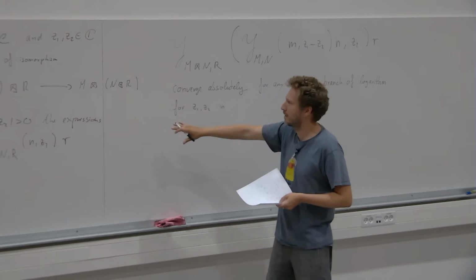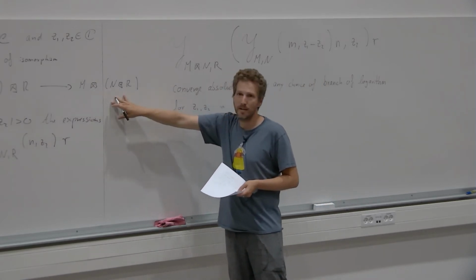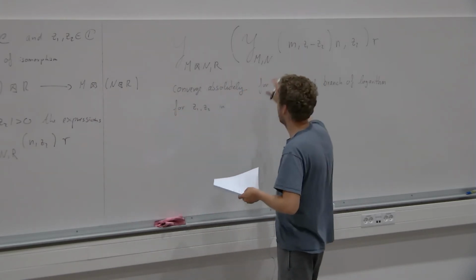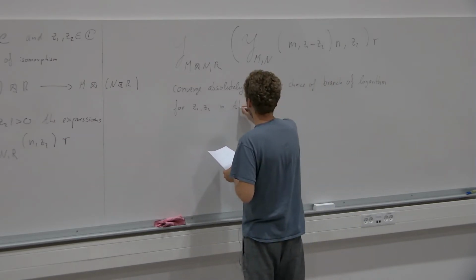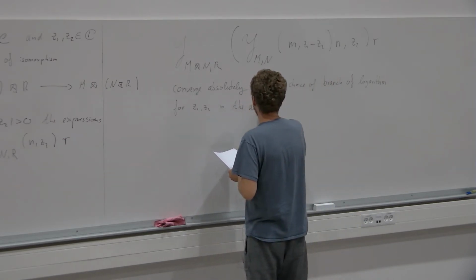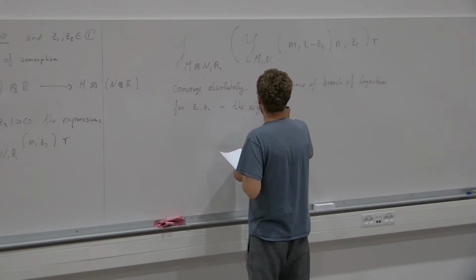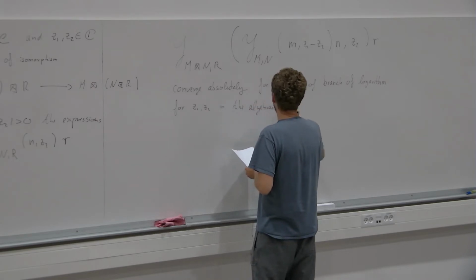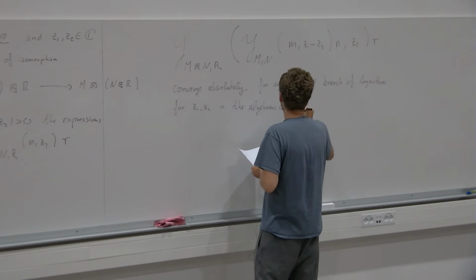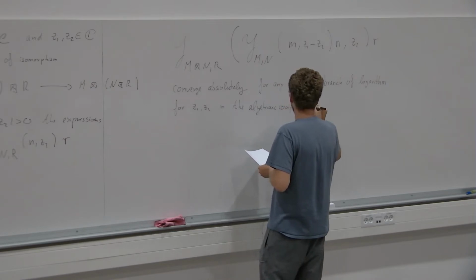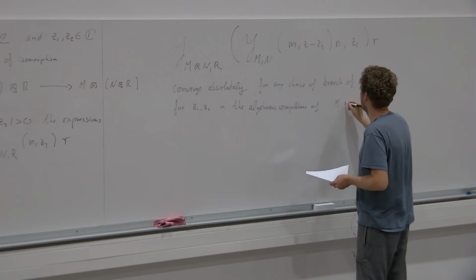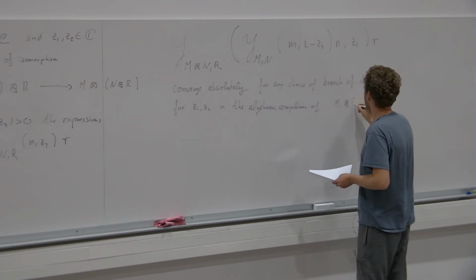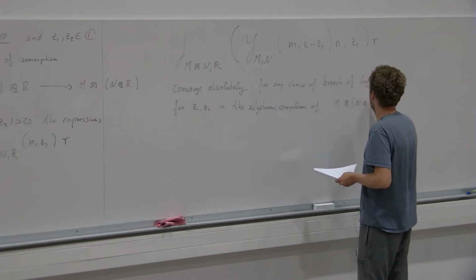These are not in these vector spaces, but in their algebraic completions, just because these are infinite sums. So the first one converges in the algebraic completion of this module here.